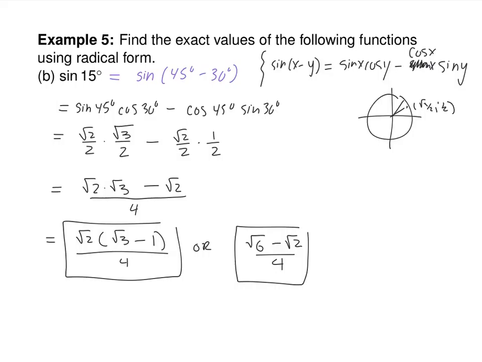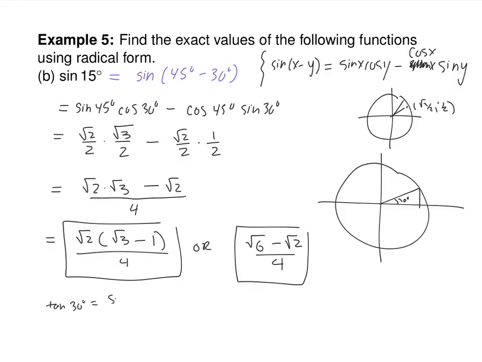Isn't the x value for 30 degrees 1/2? It's not, yeah. If I drew this a little bit better, this is a 30-degree angle. But in the last problem, we used 1/2 for the x value. No, we didn't. In the last problem, we did tangent of 30, and that's sine 30 over cosine of 30.